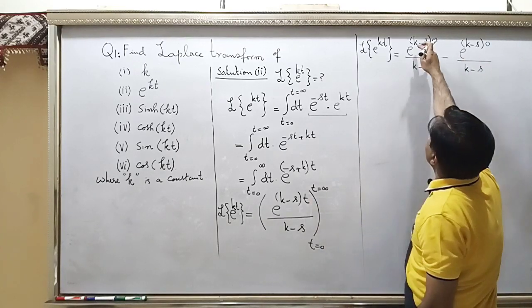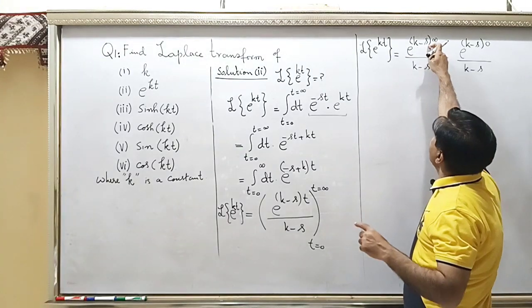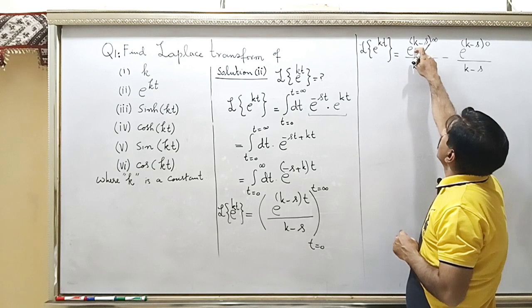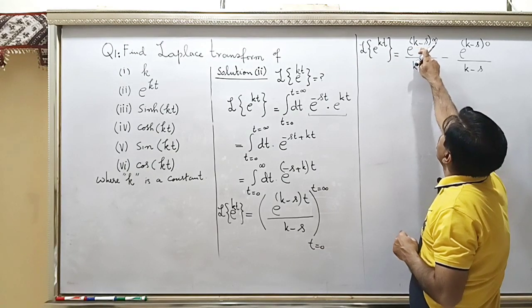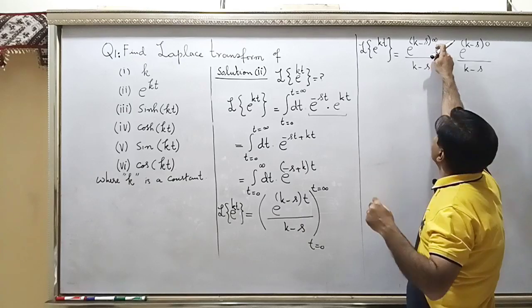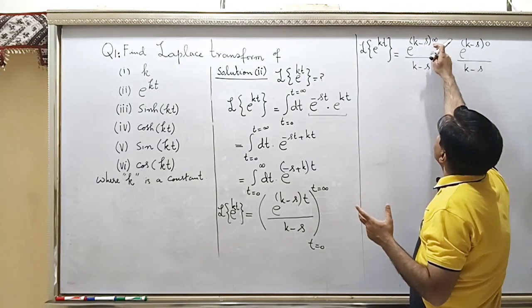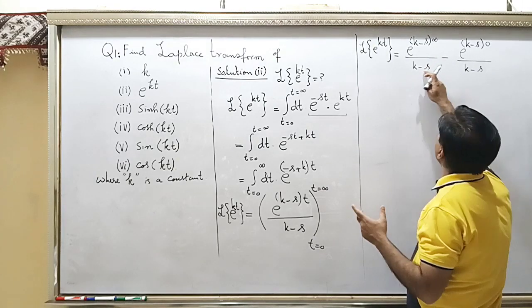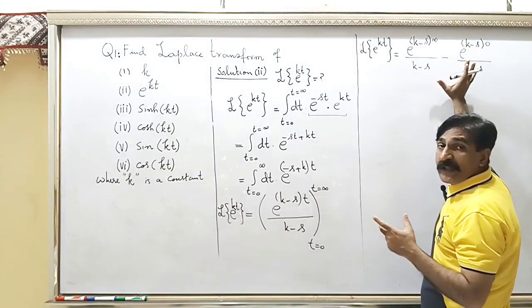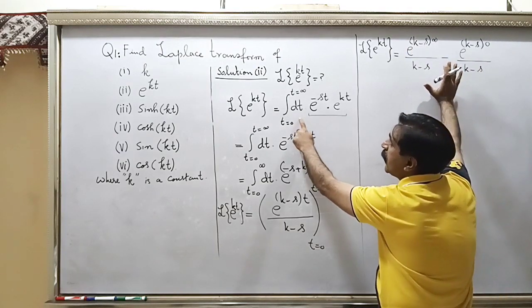Now look, if k is larger than s, or you can say s is smaller than k, then this will be a positive number, and a positive number multiplied with infinity will produce positive infinity, and e to the power plus infinity will be infinity. Infinity divided by anything will be infinity, minus anything will be infinity. So your answer will be infinite, meaning this integral will be divergent.